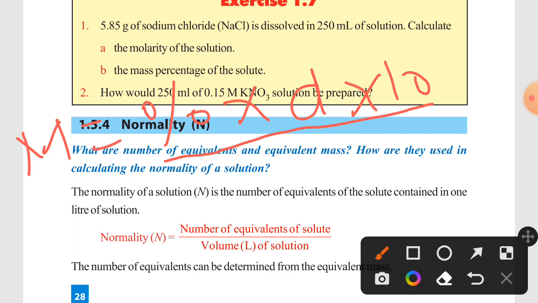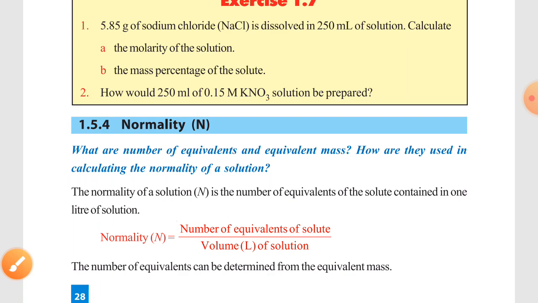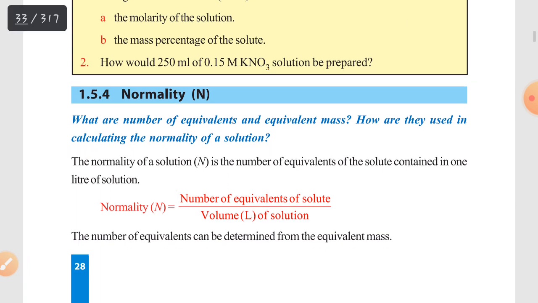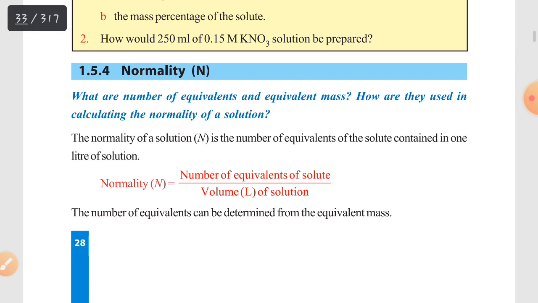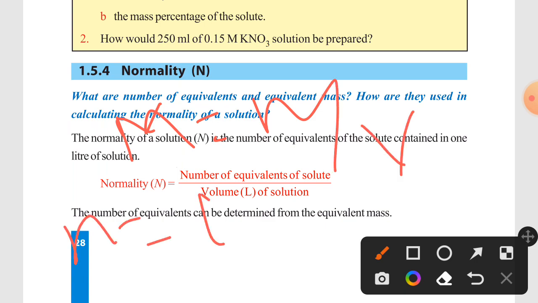How would 250 milliliter of 0.15 molar potassium nitrate solution be prepared? Molarity is equal to n over v. So n is equal to M times V. We have molarity and volume, so we get the number of moles. Then we need the mass: number of mole is equal to mass over molar mass.